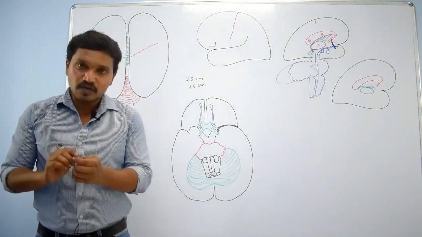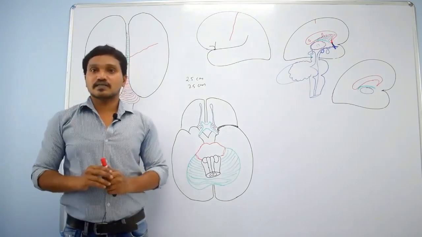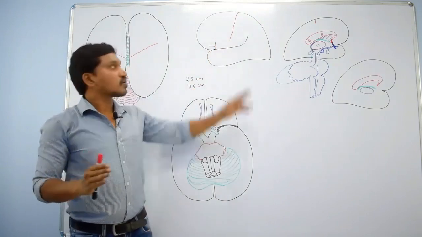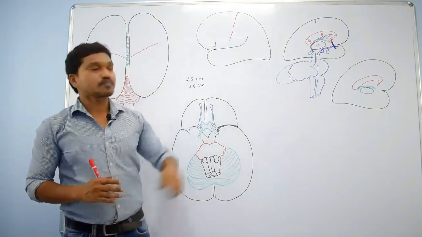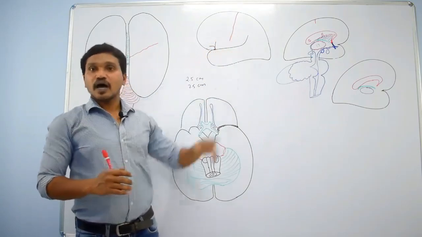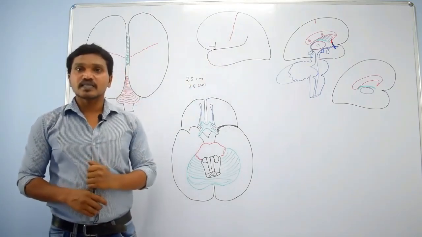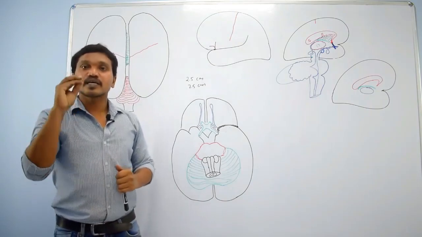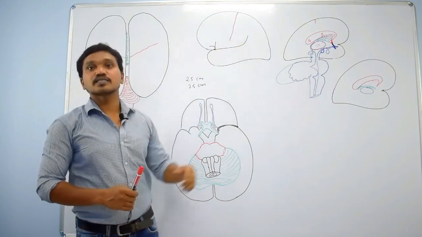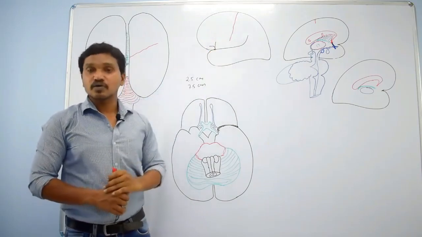It is a limiting sulcus: anterior to this sulcus are the motor areas, posterior to this sulcus the sensory areas. Also, anterior to the central sulcus the cortex is agranular, posterior to it the cortex is granular. Clear? So that is about the central sulcus.